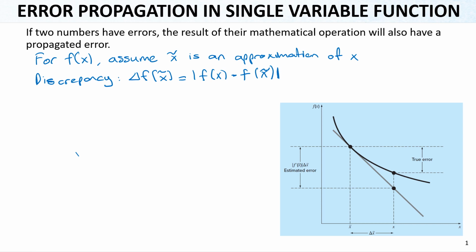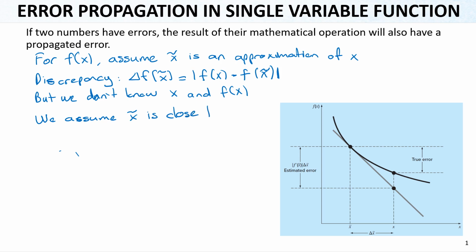Here the issue is that we don't know x, which is the true value, and f(x), which is the true function value of x. So we actually assume x tilde, which is the prediction, is close enough to x, because it's just an approximation.